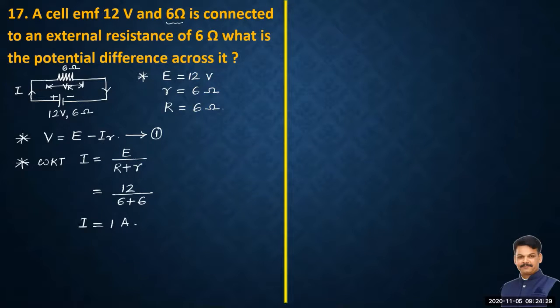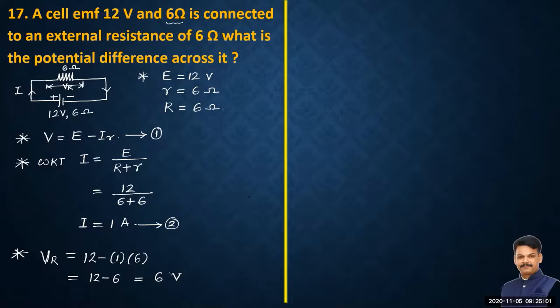Using this current, now you can solve for the potential difference. So the potential difference across the resistor, you can write it as VR also, is equal to E, which is 12, minus I, which is 1 ampere, times the internal resistance, 6 ohm. Hence it is 12 minus 6, or 6 volt. So the potential difference across the resistor is 6 volt.